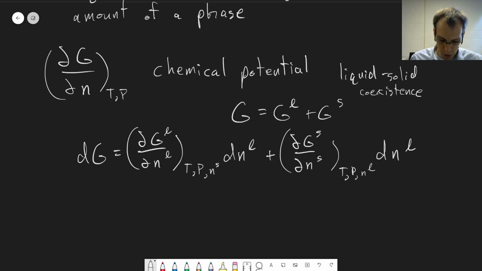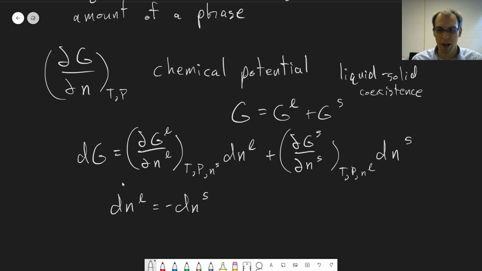Okay, one thing we can say is that if we change the number of moles of liquid, it's going to have to go into the solid phase, and so we'll have this natural relationship where these are equal and opposite to each other.